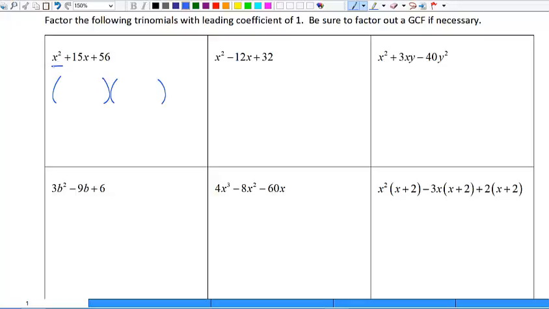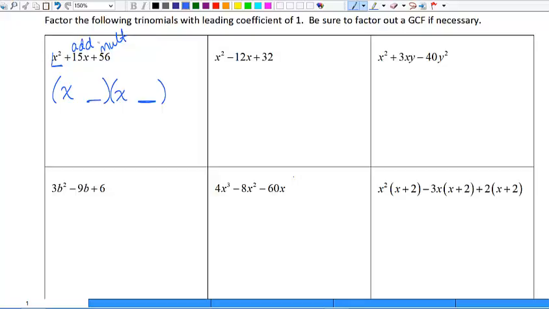Because this is a leading coefficient of 1, I know that my answer will have x's in both fronts, because that's what our patterns told us. The other pattern that we noticed is that the two numbers here in my solution need to multiply to 56, yet at the same time add to 15.